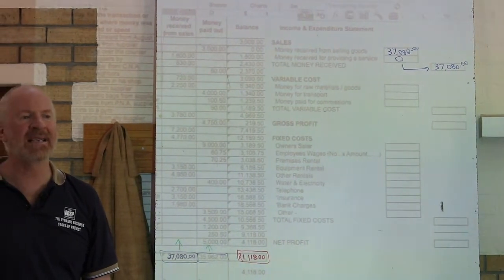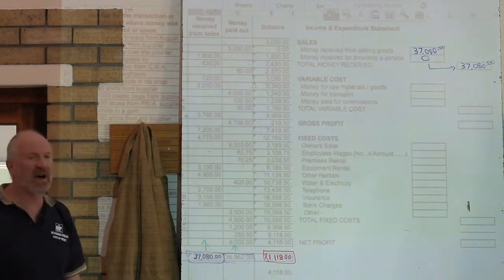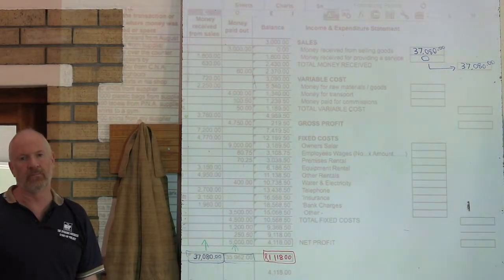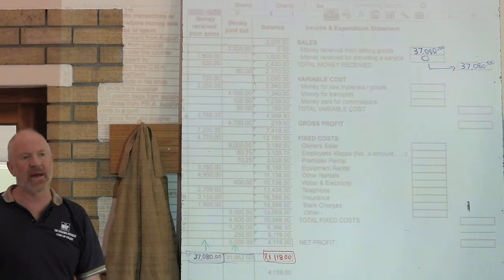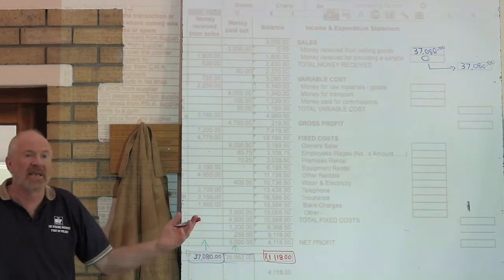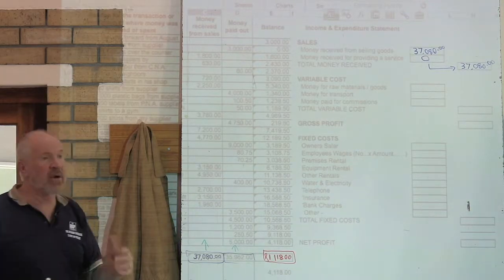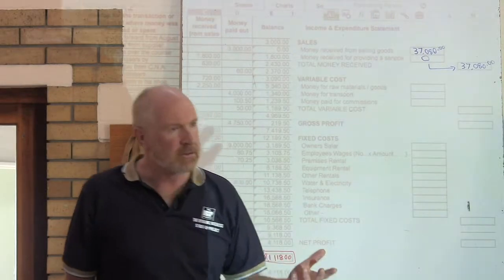Which expense items in our cash book would we be able to identify very quickly? Not larger numbers. What do we only pay out once every month? Fixed costs, exactly. So your fixed costs generally appear where? When would you pay your fixed costs generally?